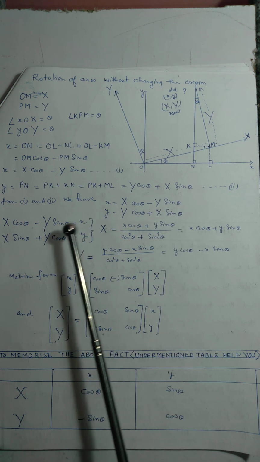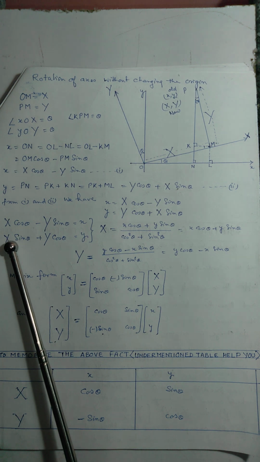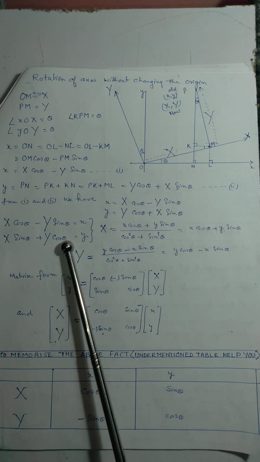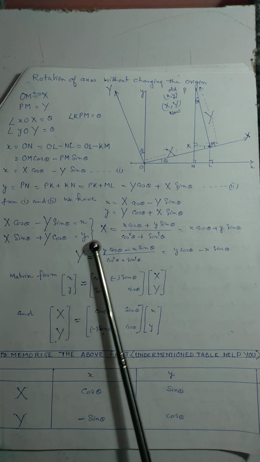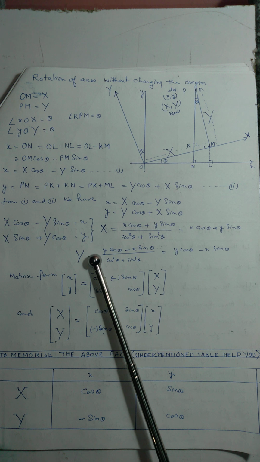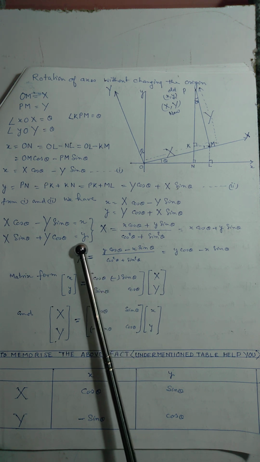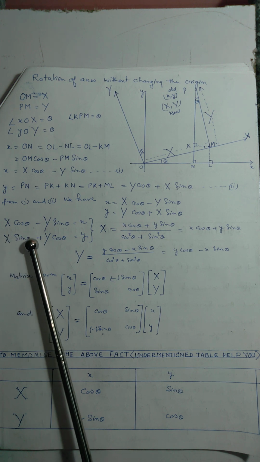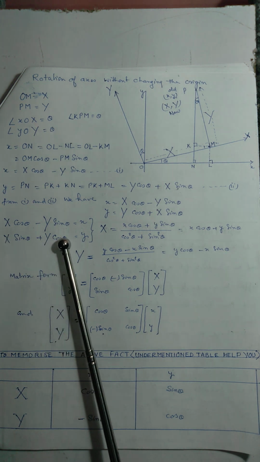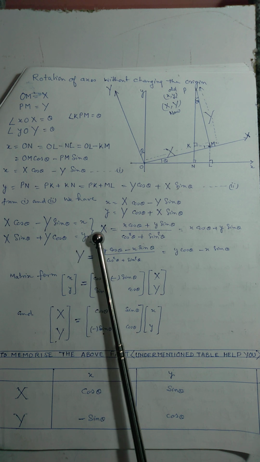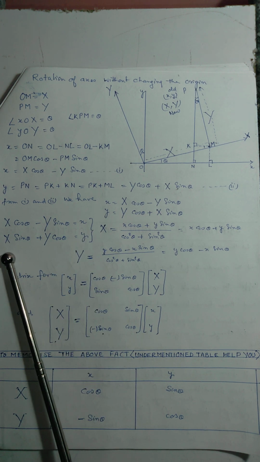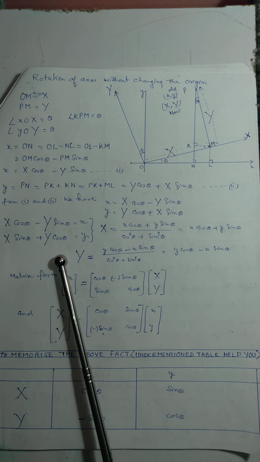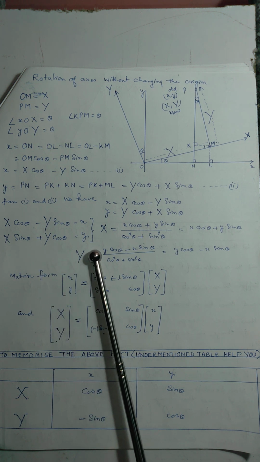If you want to know capital X and capital Y in terms of sin theta, cos theta and the small letters x and y, just by cross multiplication, we have the equations: capital X cos theta minus capital Y sin theta equal to small x, and capital X sin theta plus capital Y cos theta is equal to small y.